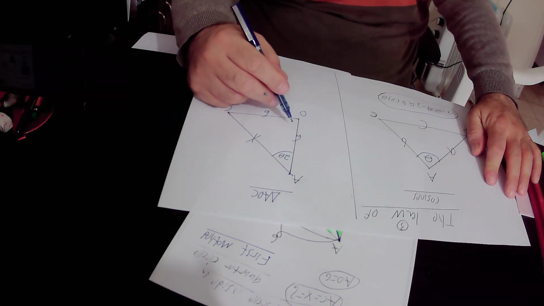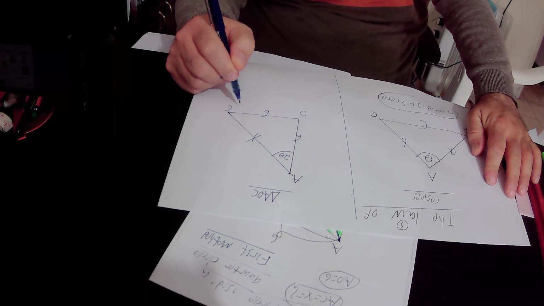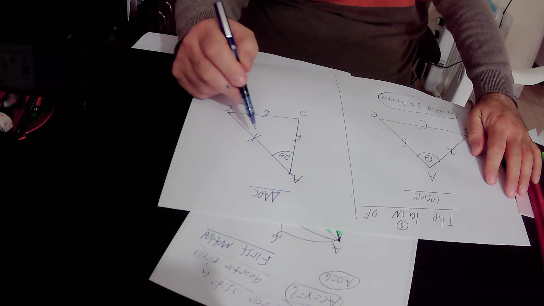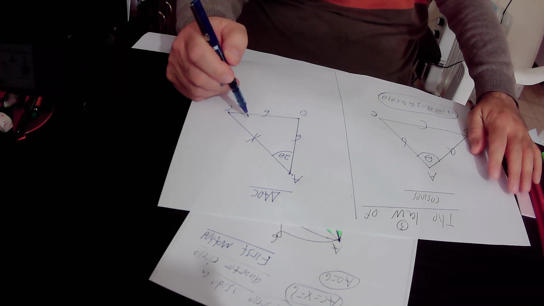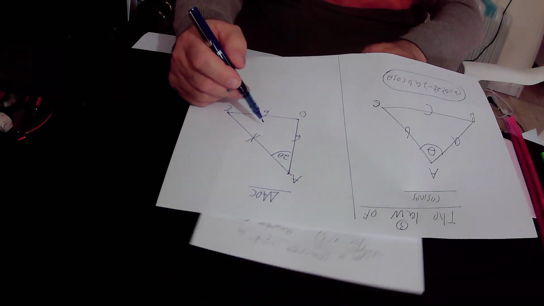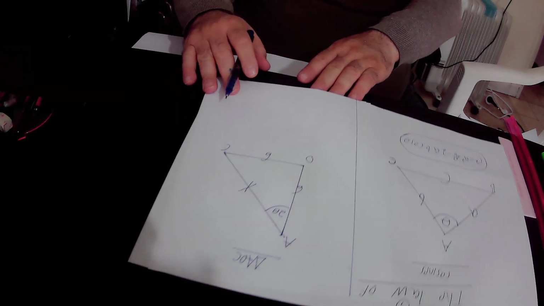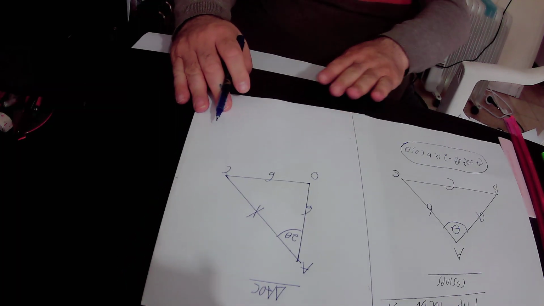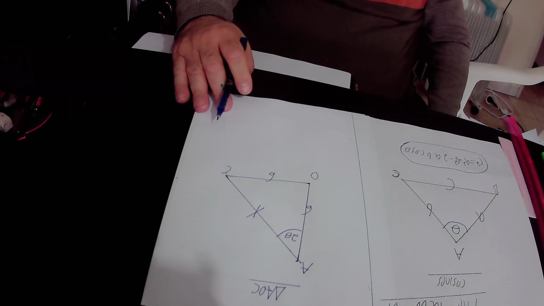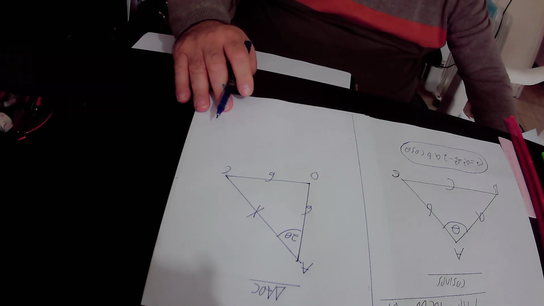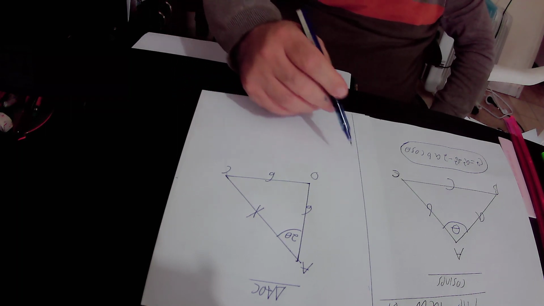Side AO equals 6 units, side OC equals 6 units, AC is the segment we are looking for, equal to X, and angle OAC equals 2 theta. We will implement the law of cosines in this triangle. This will be equation number 1.